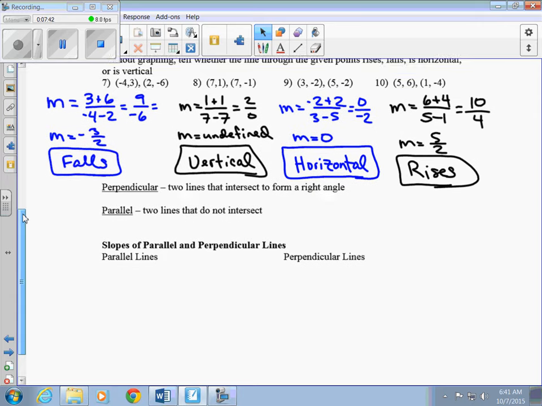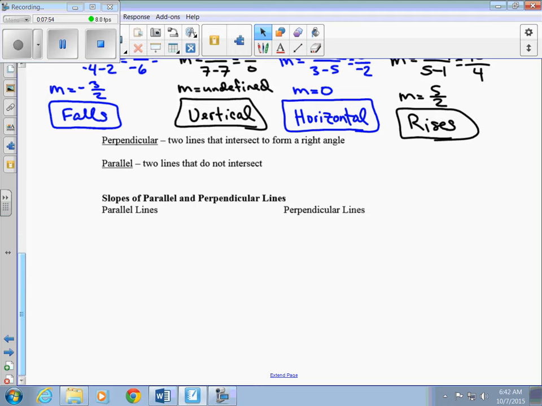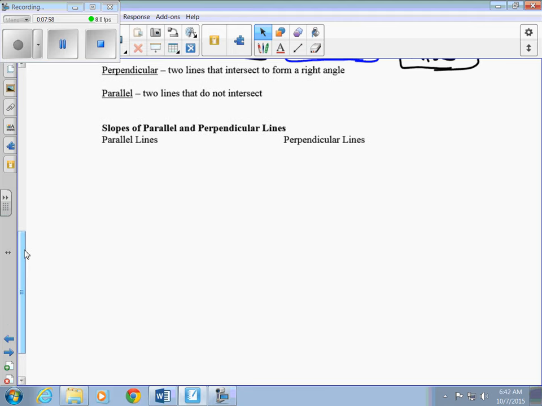Next thing we're going to talk about are perpendicular and parallel lines. Well, perpendicular lines are two lines that intersect to form a right angle. And then parallel lines are two lines that do not intersect. So when we look at the slopes of parallel lines and perpendicular lines, we'll start with the parallel lines.